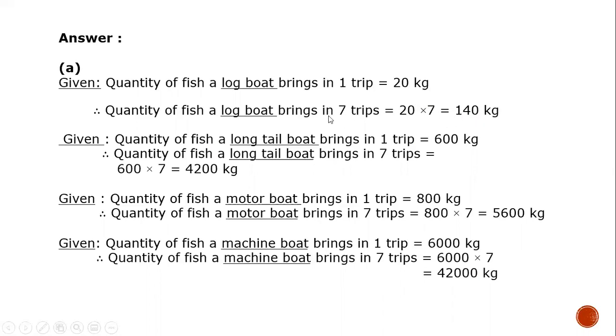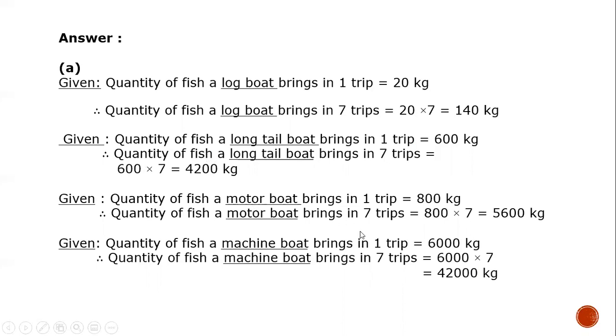Second part, long tail boat. If it is bringing 600 kg in one trip, how much will it bring in 7 trips? That is 7 times 600, which gives 4200 kg. Third boat, that is motor boat.